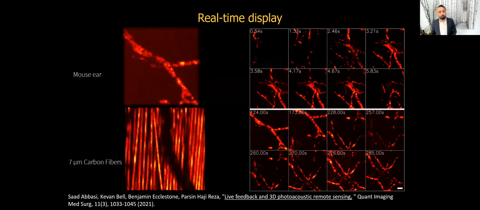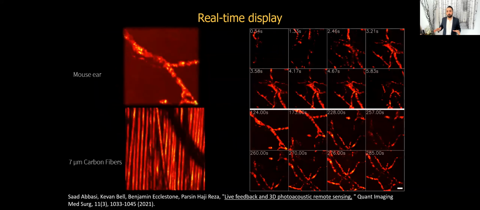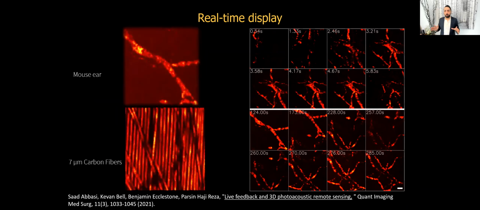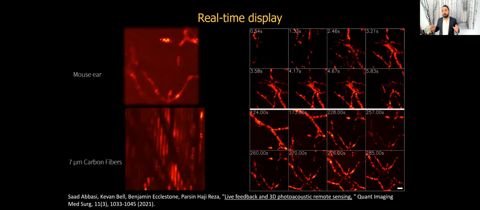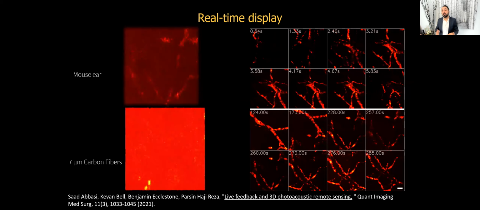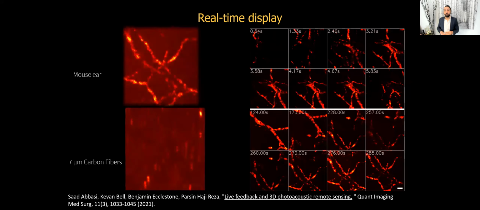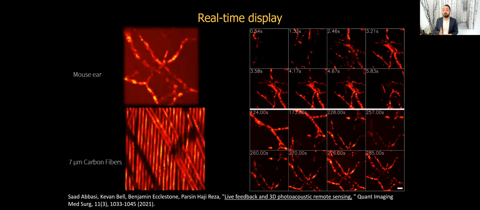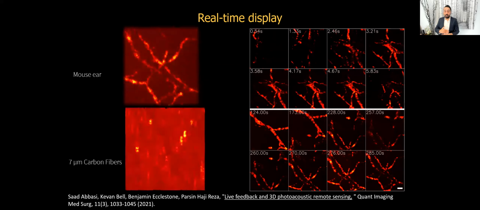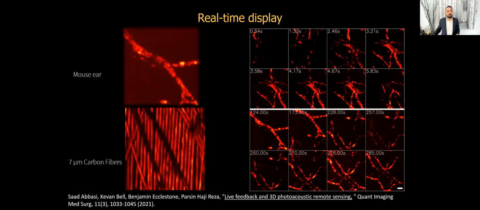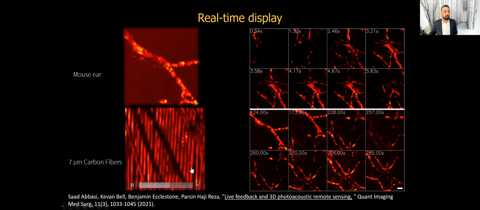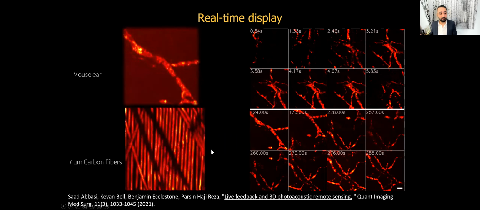One of the very important things I wanted to do when I started my career in Waterloo was to design an accurate real-time feedback or real-time display, because that would help us to understand the physics and the mechanism better, and help us to do better alignment. In this case, we're looking at the mouse ear on top and carbon fiber networks on the bottom.